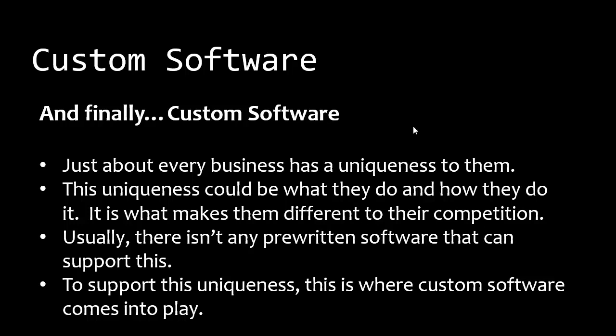Based upon that, they do different things. They want to be different from their competitors. And with that uniqueness comes the need for technology to support it. That's usually where custom software comes into play.